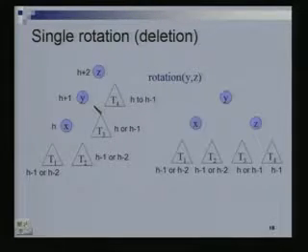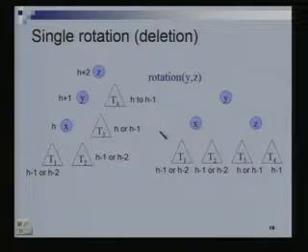As a consequence, you'll have this kind of a picture now. Y went up, Z went down, T4 and T3 became the two children of Z, and T1 and T2 are the children of X. I have written down the heights h minus 1 or h minus 2, h minus 1 or h minus 2, h or h minus 1, and h minus 1. Because T4 went from h to h minus 1, so this is h minus 1.